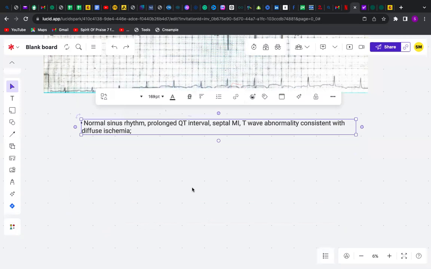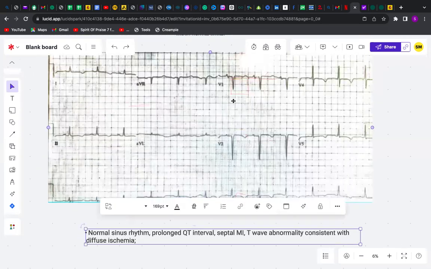So this is it. It's very easy to pick up if you go through the basics, the steps to analyzing the ECG. You check all your waves and your intervals, and you would pick it up.